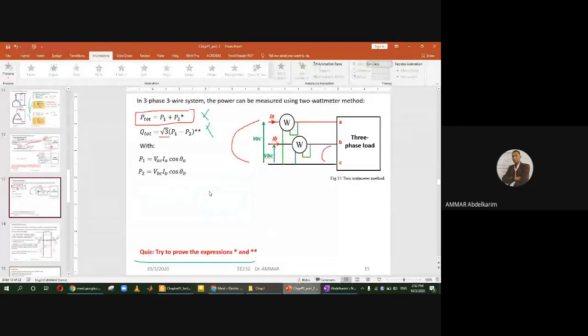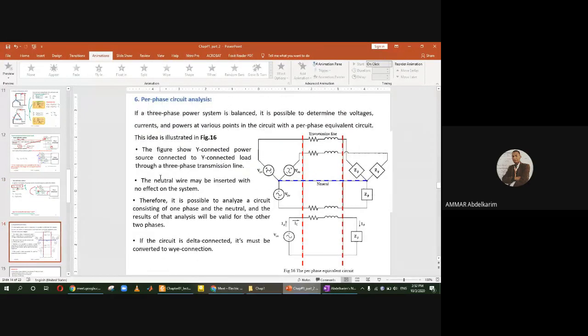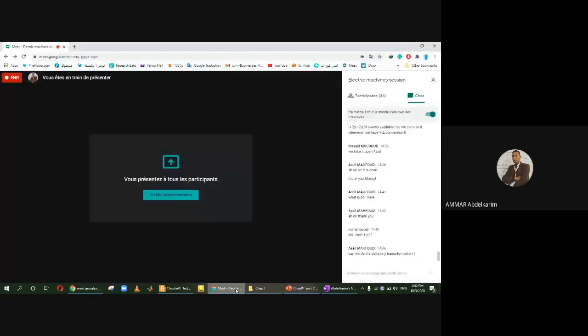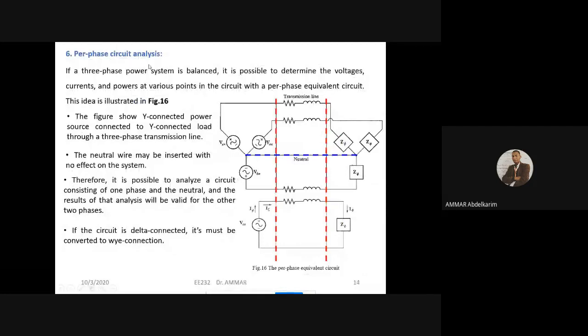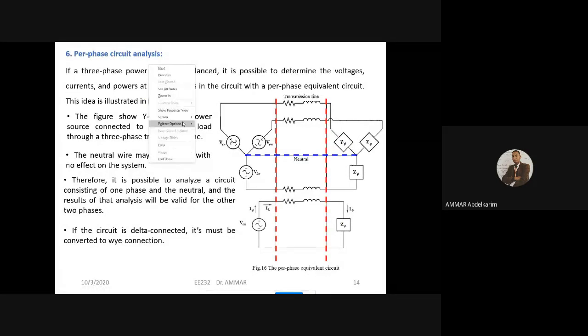Okay, let's continue. Now we have the most important element in this chapter, which is the method you use to solve the problems of the three-phase system, the per-phase circuit analysis. What is the per-phase circuit analysis?